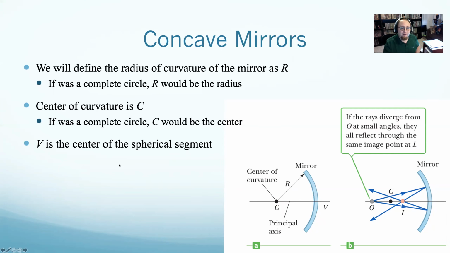We're also going to define a point V. I'm forgetting what V stands for right now, but V is the center of the mirror, wherever the direct center of the actual mirror is.